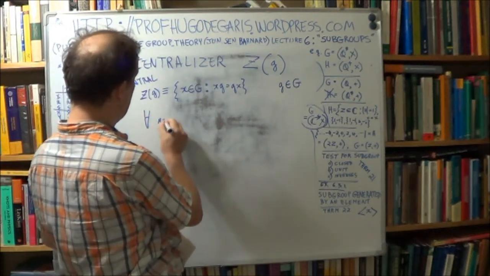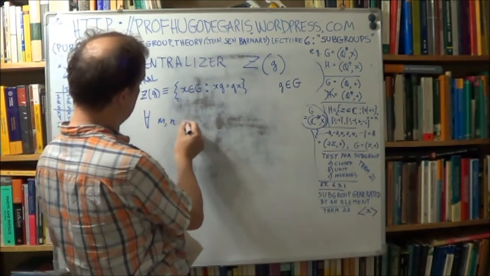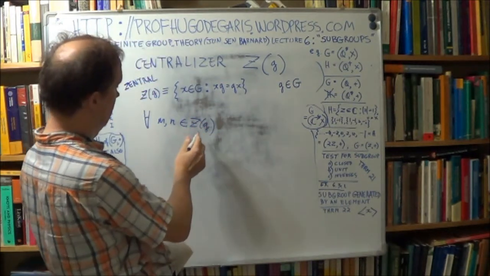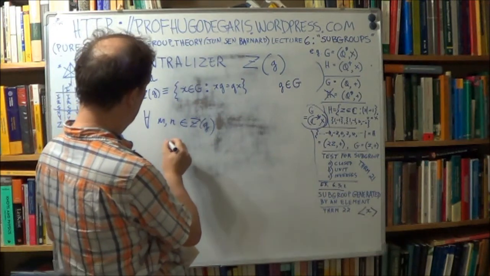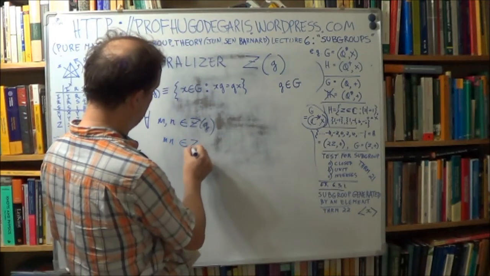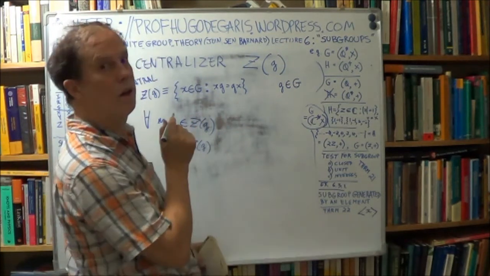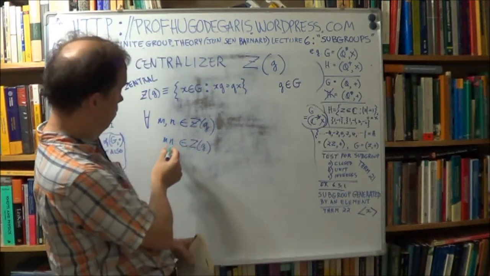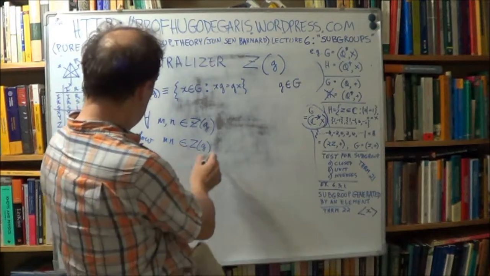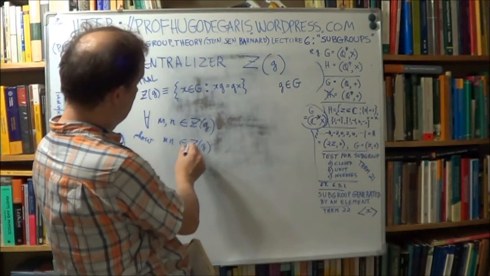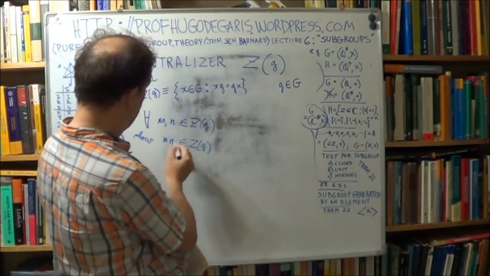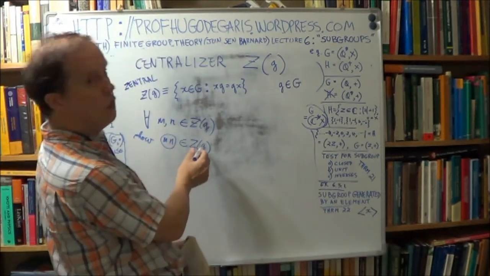For any two elements m, n that belong to Z of G, we have to show that mn belongs to Z of G. In other words, if mn does belong to this set, it means that mn commutes with g.